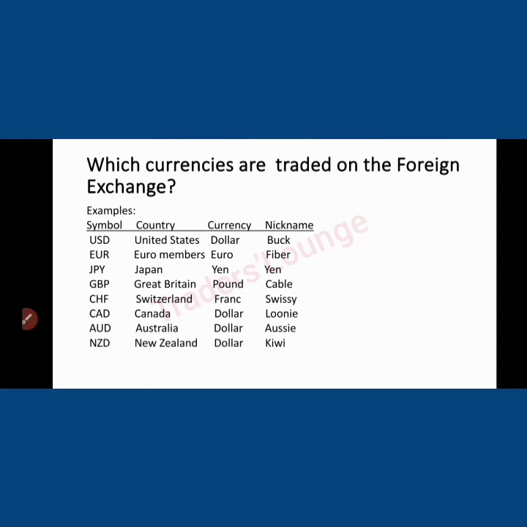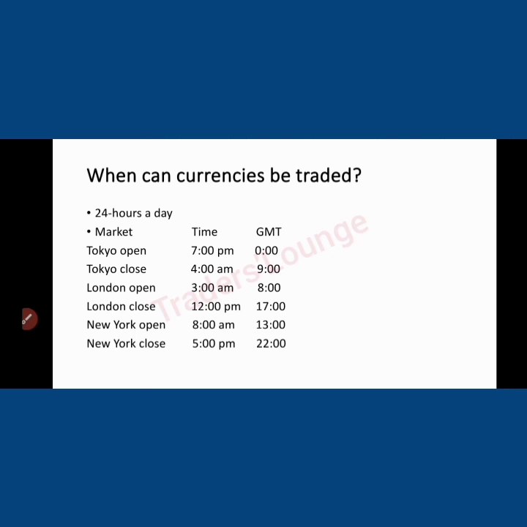And also, the next question here, when can currency be traded? When it comes to forex foreign exchange, this market is unique with the word markets. An example is just like shopping malls we have around us.